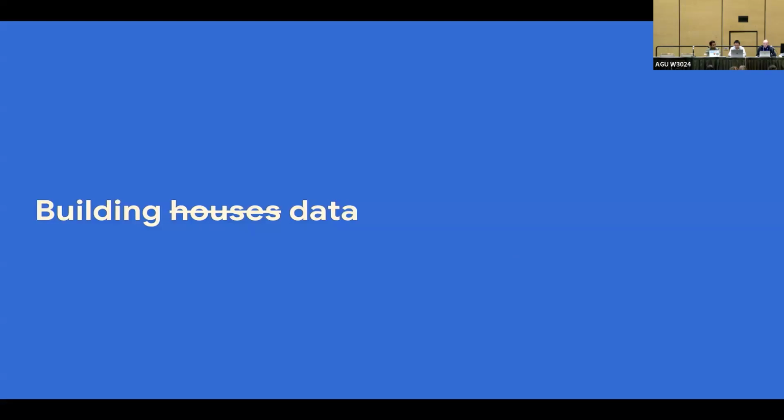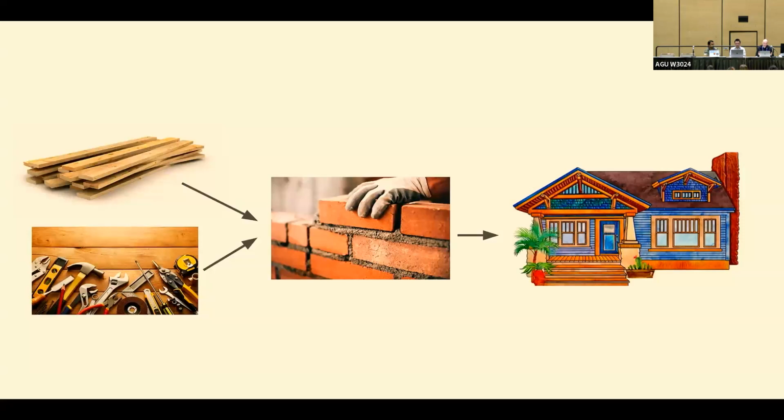And Earth Engine, when I'm working with it, I often think about it in terms of building something, like building a house or a crafting project. But in this case, we're building data. And what I mean by this is that we have these materials, these data objects, which are maybe analogous to a bunch of wood.